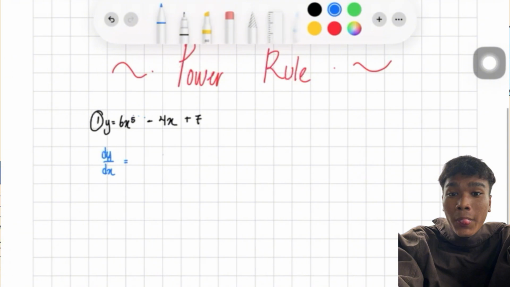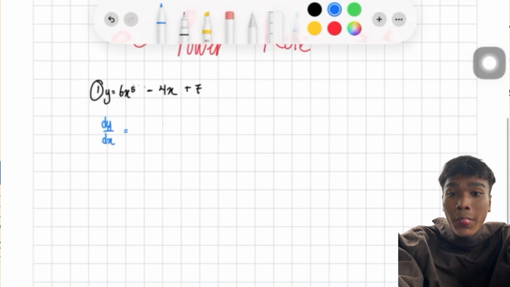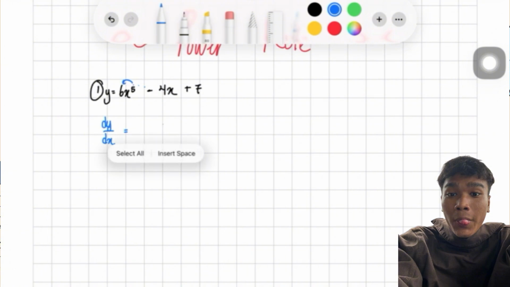So we will start the questions with the power rule. First, multiply the exponent of 5 with the coefficient 6 to get 30, and then decrease the power of x by 1, so we get 30x to the power of 4.